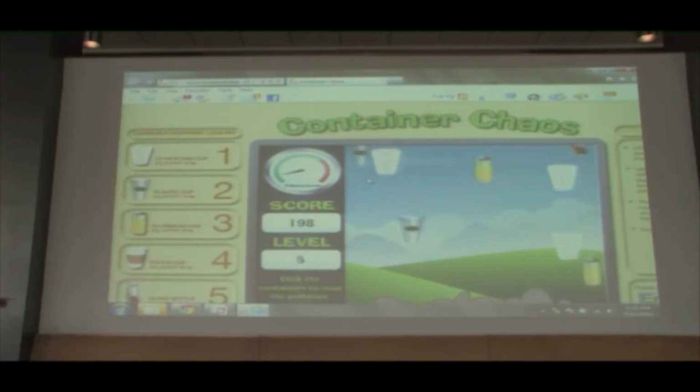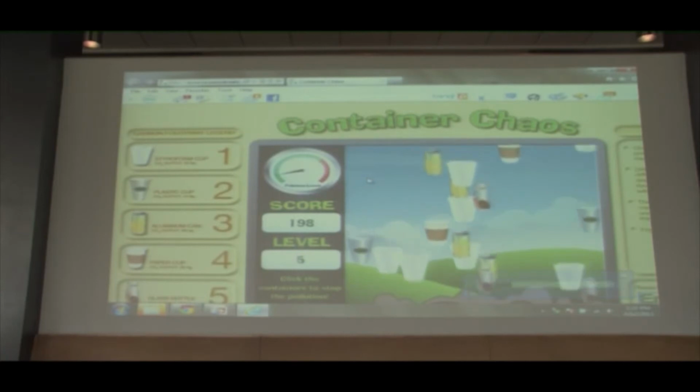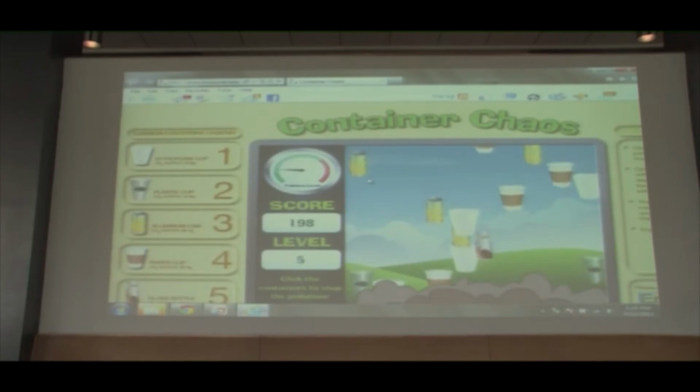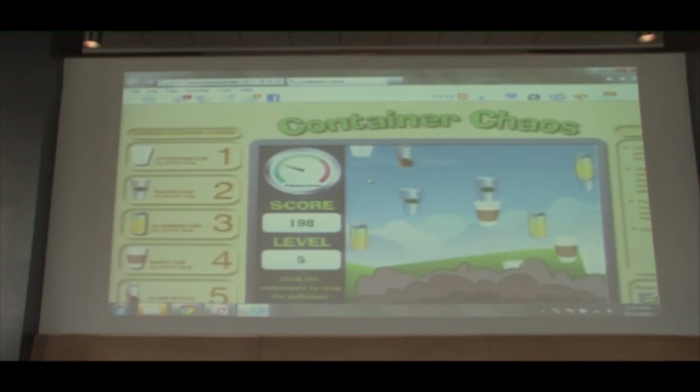You can notice the pollution rising on the bottom. The amount that it rises is proportional to the amount of carbon that's being added to the environment. So the glass bottle adds over 300 grams of carbon for that size glass bottle. The styrofoam only adds 22, so it's all proportional.